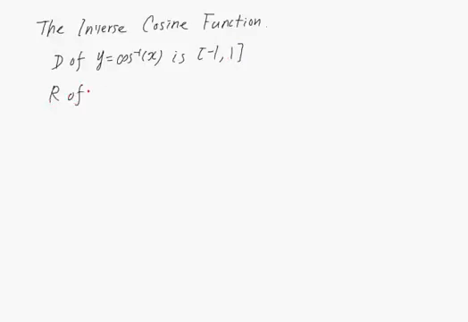But the range of this inverse cosine function is from 0 to pi, because we restrict the cosine function to this closed interval. So we may also use arc cosine for this inverse cosine function.